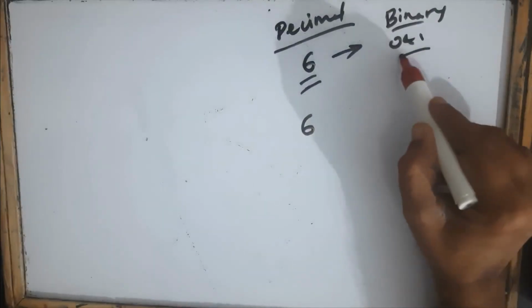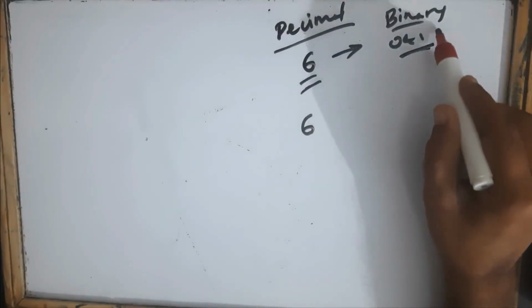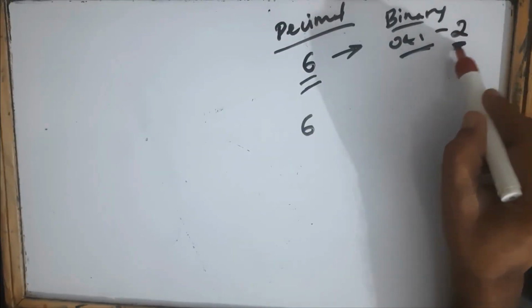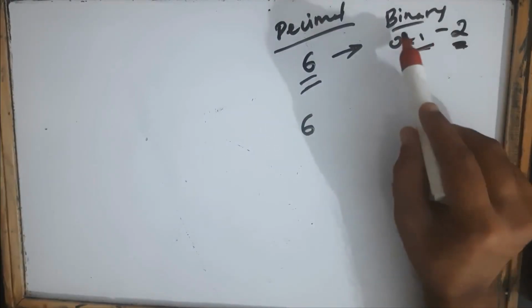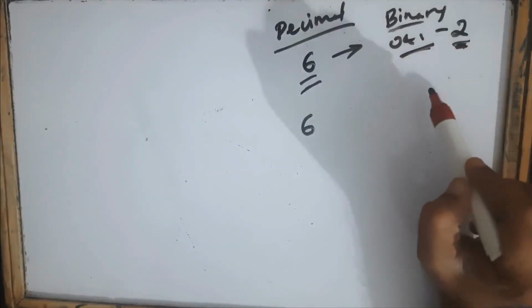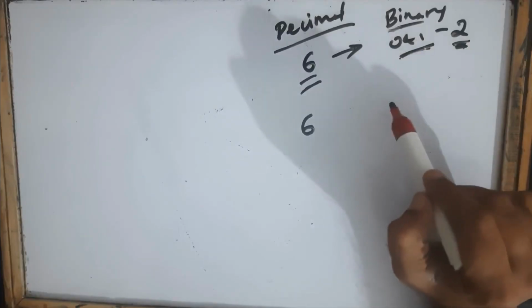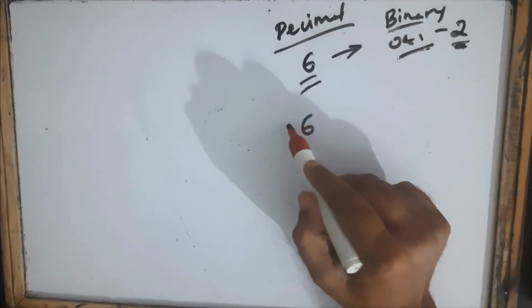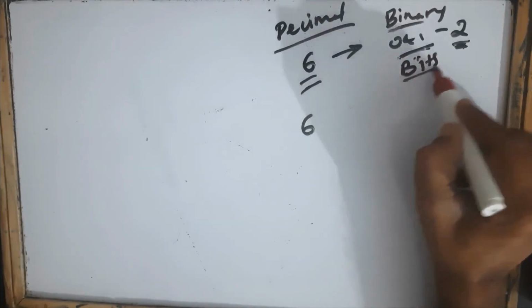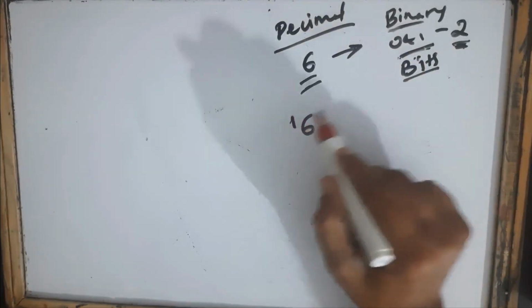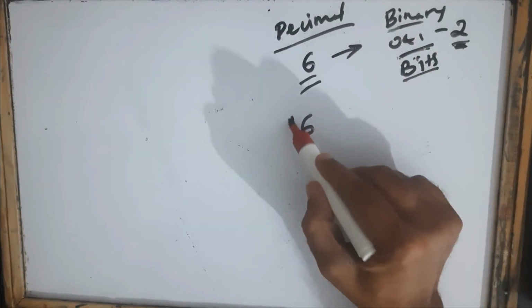Because we have only 2 digits, that means 2. Binary, the bi means 2, that means only 2 digits are available, 0 and 1. These are called bits, 0 and 1.